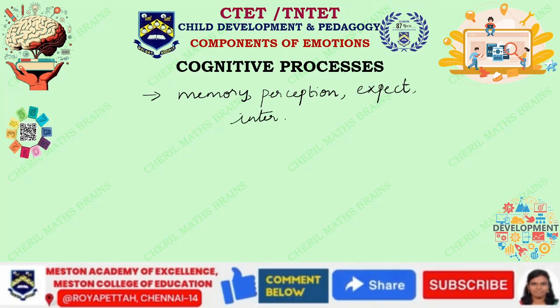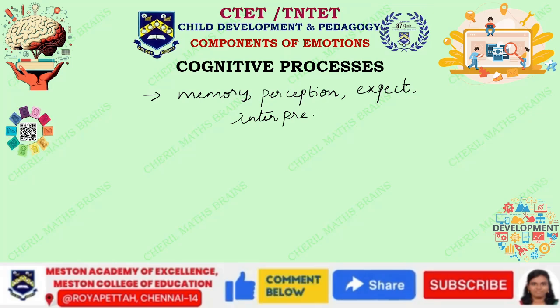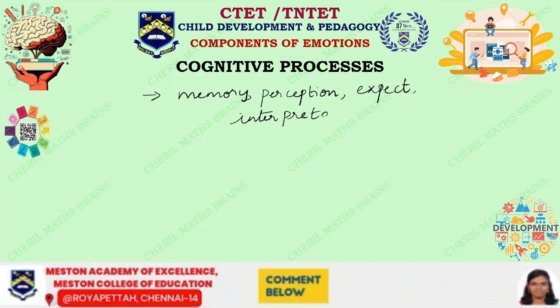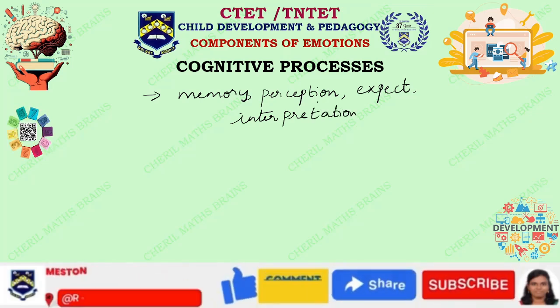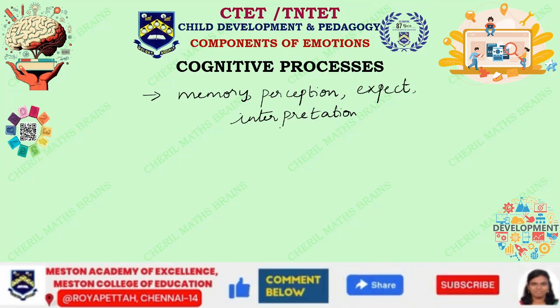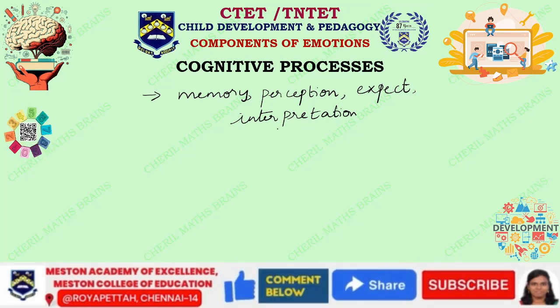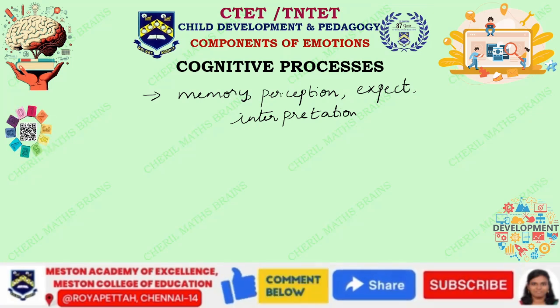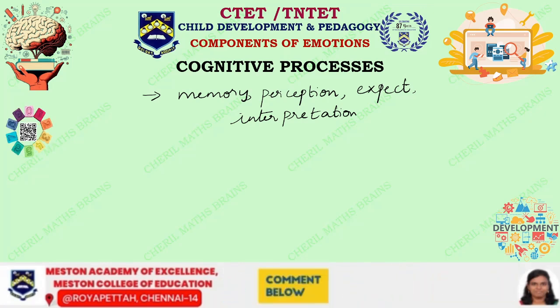All these are involved in the cognitive processes. You need to remember that cognitive deals with the mind: what you think, your perception about life, your expectations and your interpretation. All of these are very important for us to express our emotions or how we think.